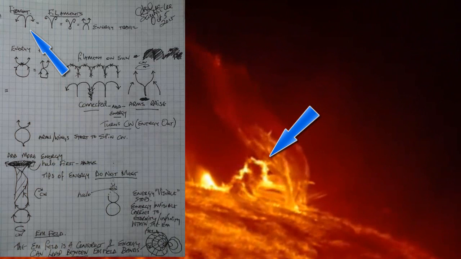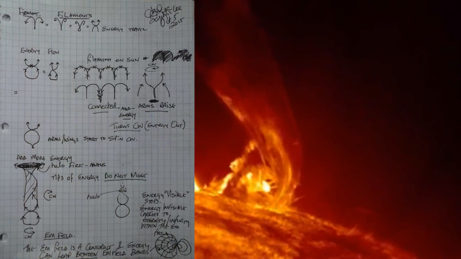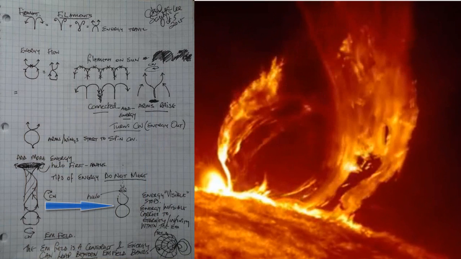Okay, so what we have there is a filament, as you can see on the paper at the top there. It is where 2 filaments meet, and what happens is more energy is added, the 2 arms spring out of the tornado and the arms fly upwards. There.